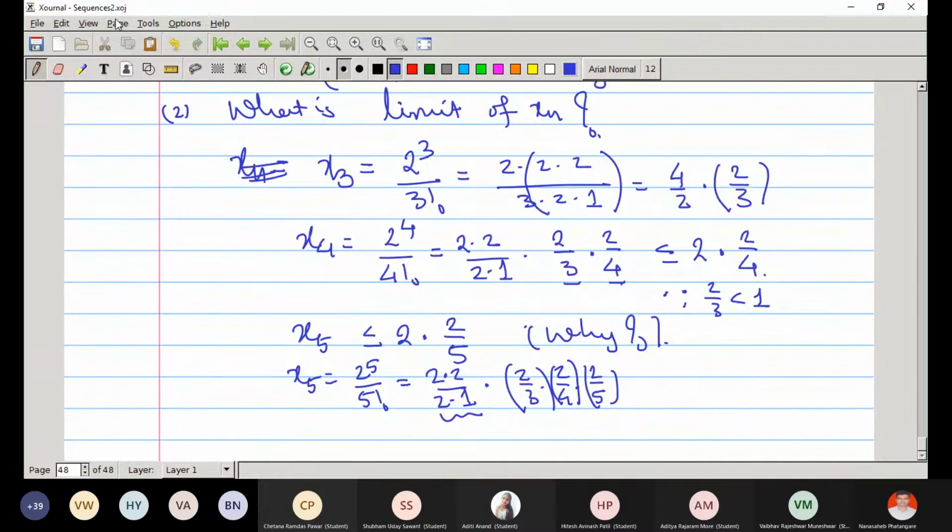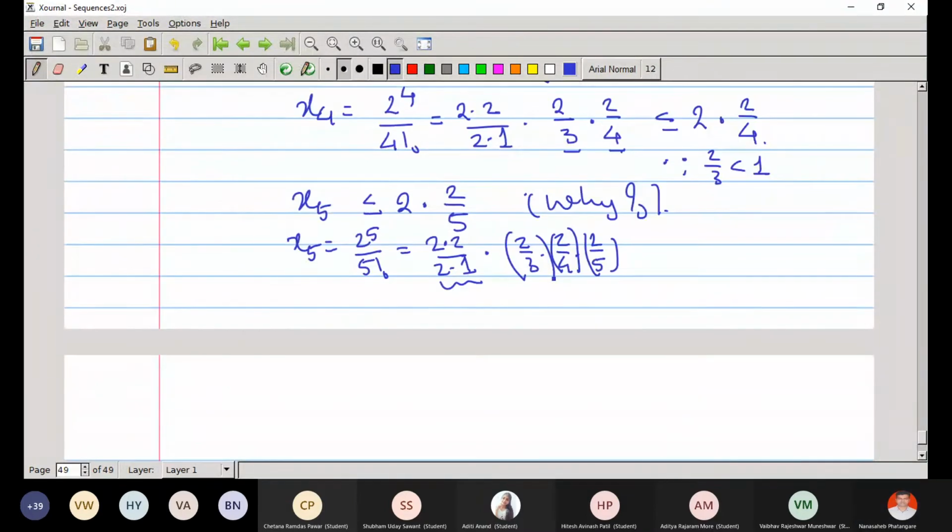What is your guess? Every time, 4 upon 2, this factor is greater than 1 and it can be taken away, and the remaining factors are less than 1. So only this factor is greater than 1 and all these factors are less than 1.